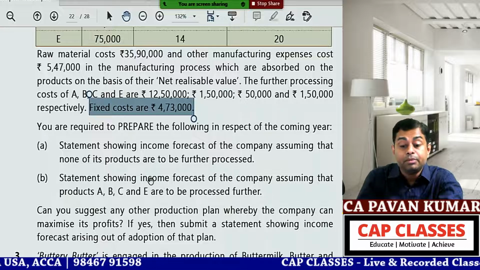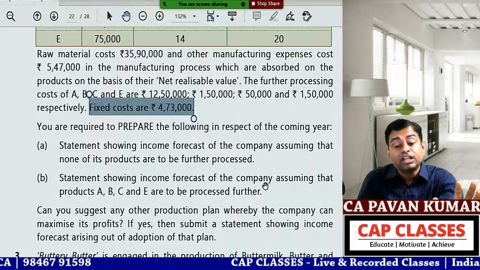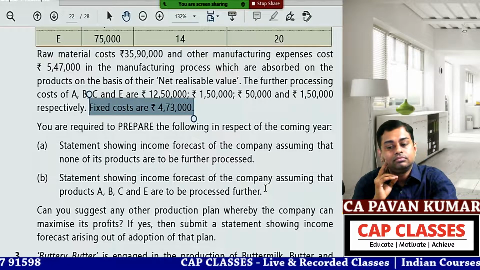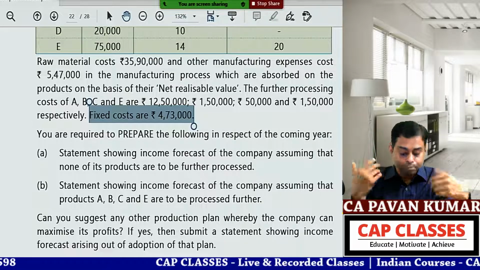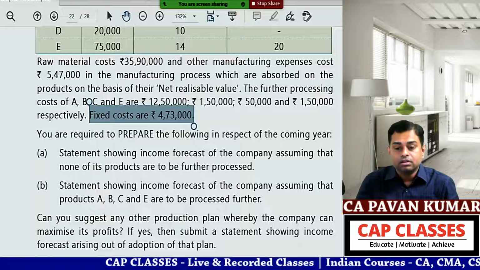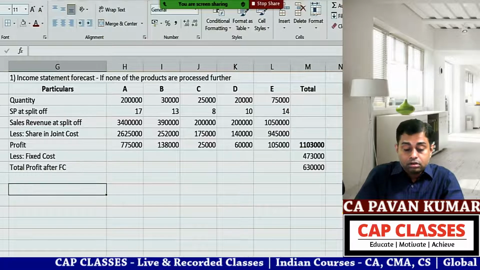B, second one: statement showing income forecast of the company assuming that all the products are further processed except D, because D cannot be processed further. For D, whether you are processing it further or not, it will be the same. For the remaining you can do further processing. So we'll put 2.